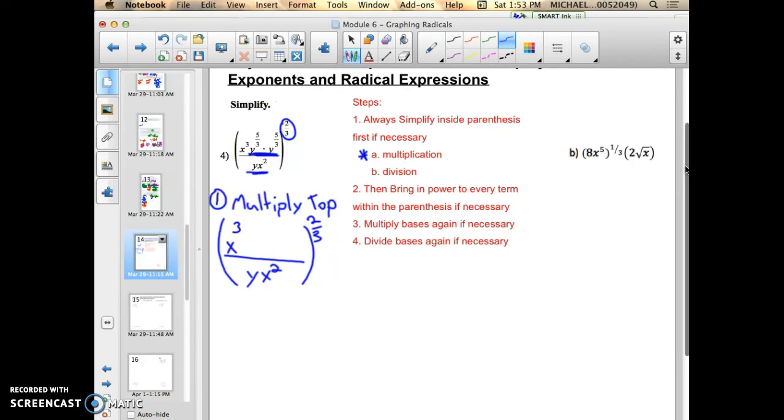But I am going to change my y power. Now, base times base, y times y, I add these powers: 5/3 plus 5/3. If you remember from adding fractions, it has to be the same denominator, and in this case it is. So you can add the numerators and leave the denominators alone.